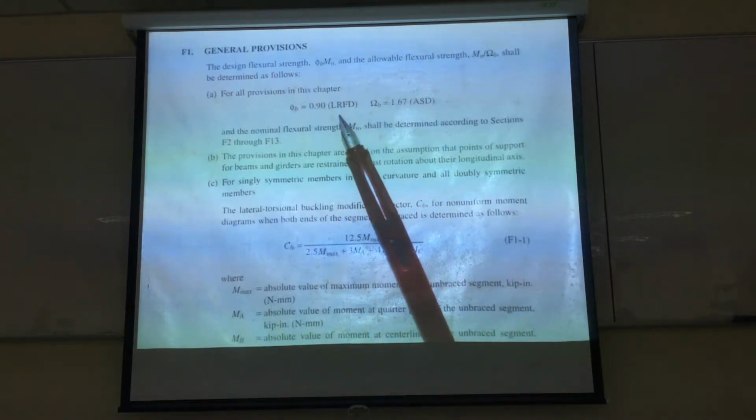ASCE 7 is a good reference, but something you have to keep in mind is that construction in the US is different from this Pacific region. The US has different sorts of load and different sorts of behavior. Furniture might be different.